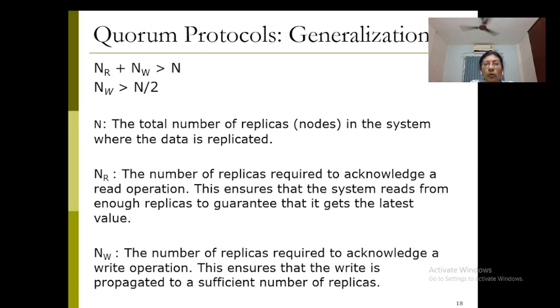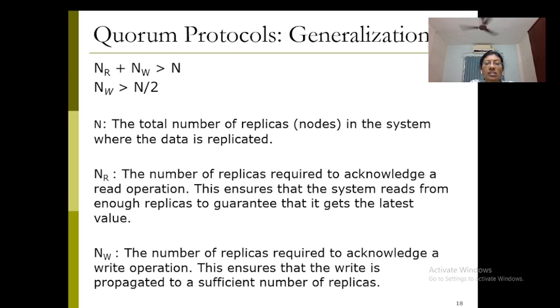Generalization of the quorum protocols. NR plus NW must be greater than N, and NW should be greater than N by 2, where N is the total number of replicas, that is, the total number of replicated nodes in the system where the data is replicated.